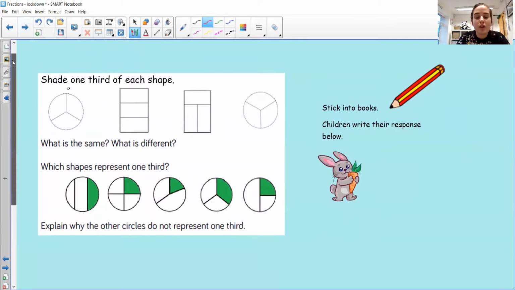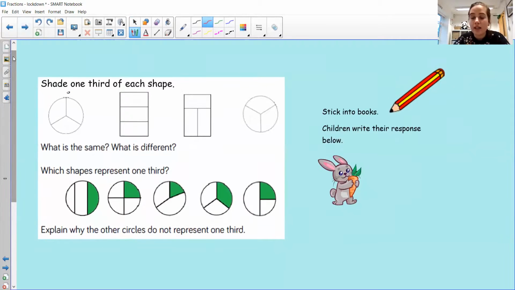Okay, this is your task, where you've got this one and an additional 2 tasks to complete if you're really flying through this and understanding it, especially with bar modelling. So we'll talk about this one first. Again, I'll attach this alongside your planning for the week, and it says shade 1/3 of each shape. So at the top here, you've got these shapes and it's asking you to shade in or colour in 1/3.